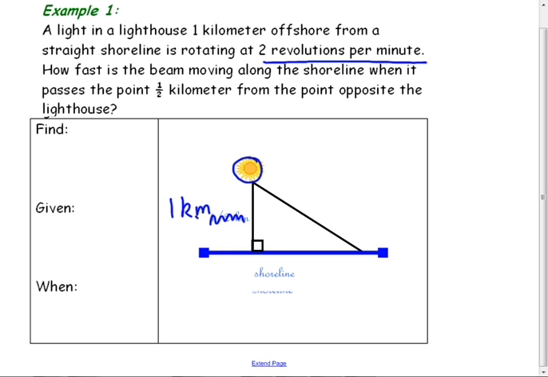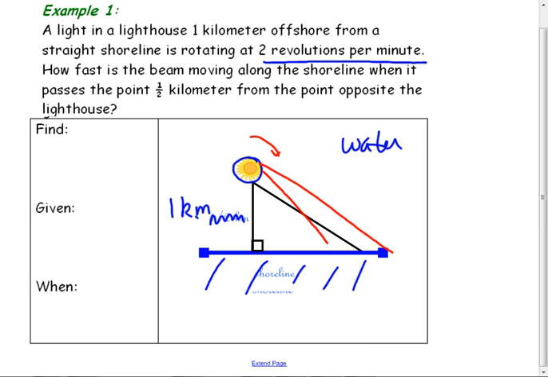Now, we are in the helicopter above, looking down. So what you see when you look down is, here's the shoreline, and all of this is water over here. And this lighthouse is spinning. When it sits at this position, the light's going to be over here, and then here, and then here. Have you ever seen any of those old war pictures or prisoner escape movies where they have the fence, the wire, and they show the light going down?